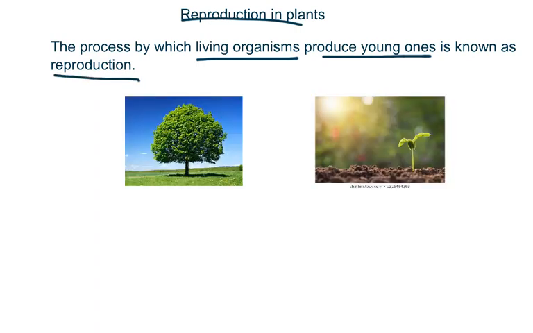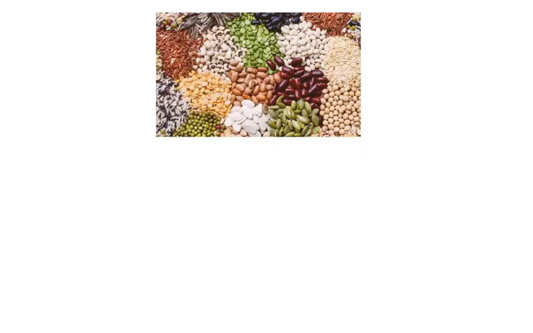Plants are also living organisms. Do you know how they reproduce? Yes, through seeds. Are all plants reproduced by seeds? No, only flowering plants, the plants which bear flowers, can reproduce by means of seeds.